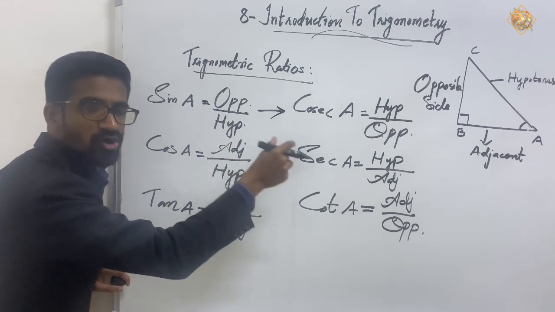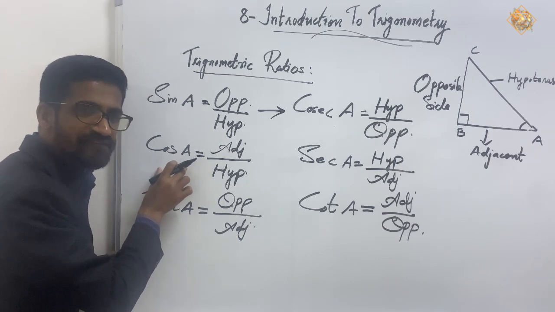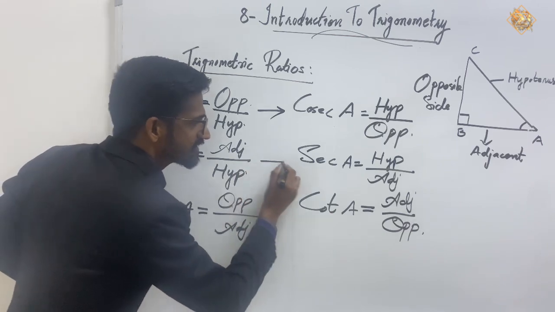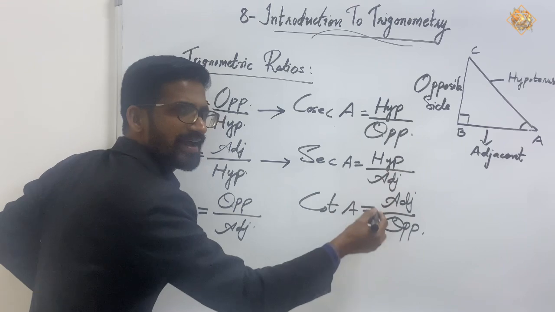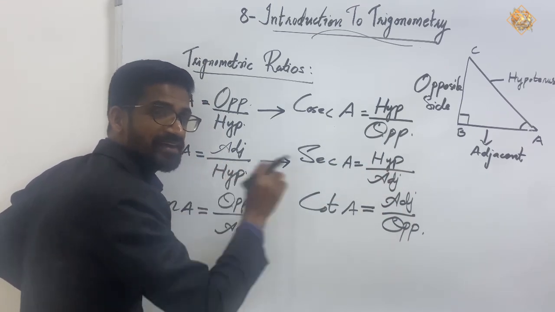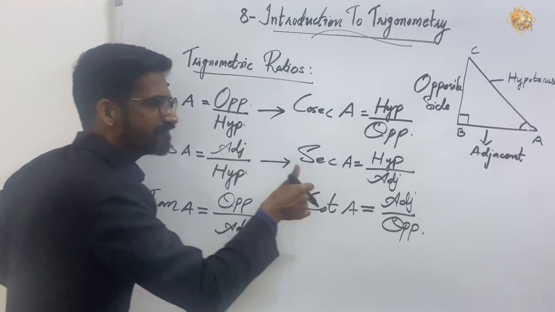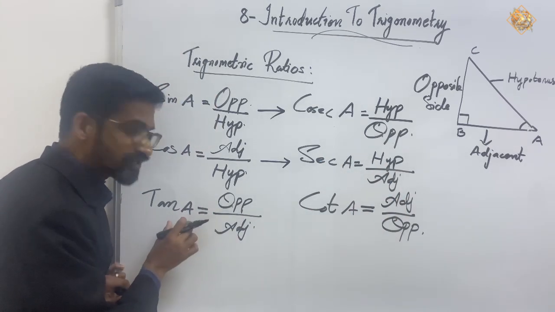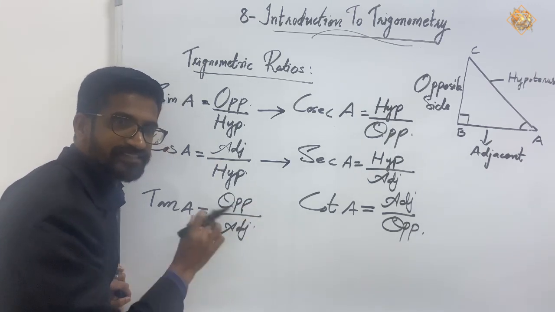So sine and cosec are inverse functions. Similarly, cos A is adjacent by hypotenuse, and its inverse function is sec A, hypotenuse by adjacent. So cos and sec are inverse functions. Now when we look into tan A, that is opposite side by adjacent side.